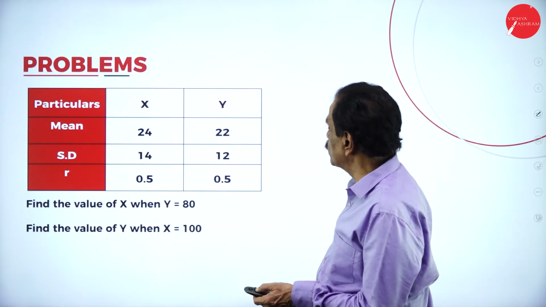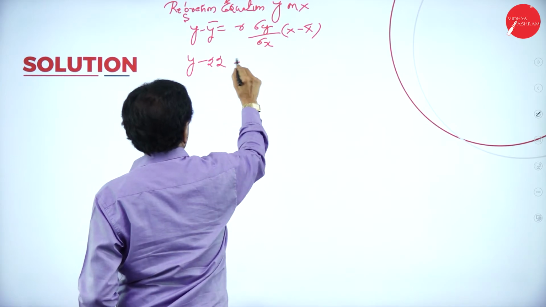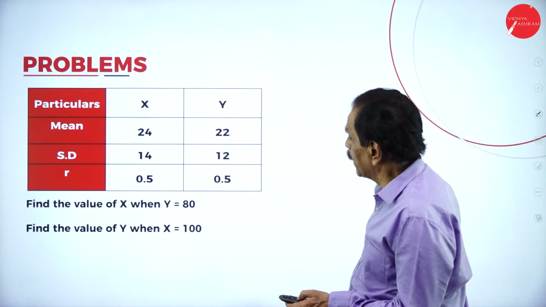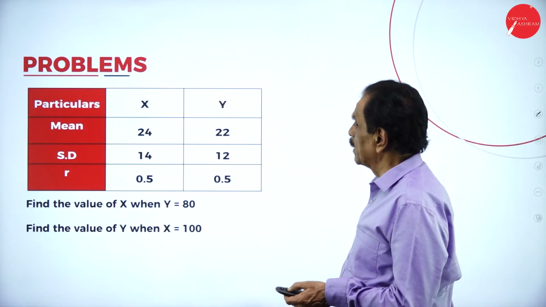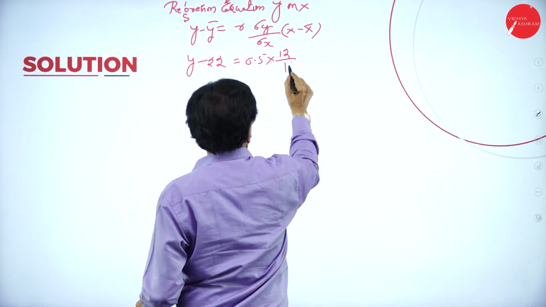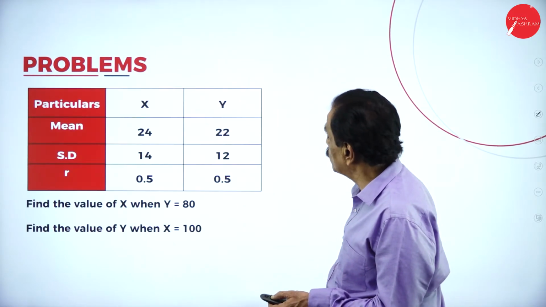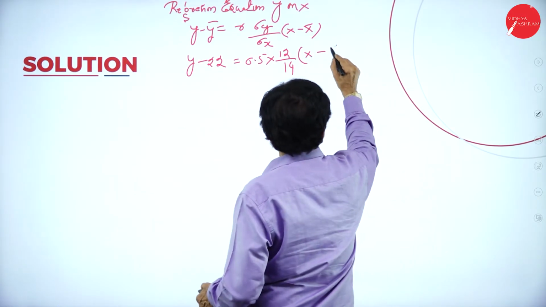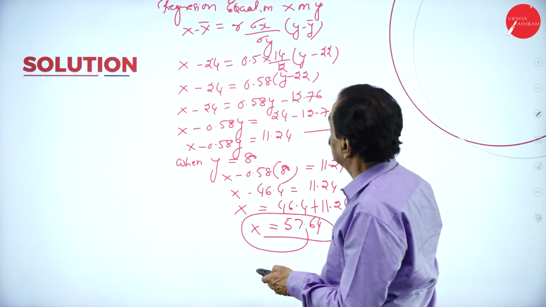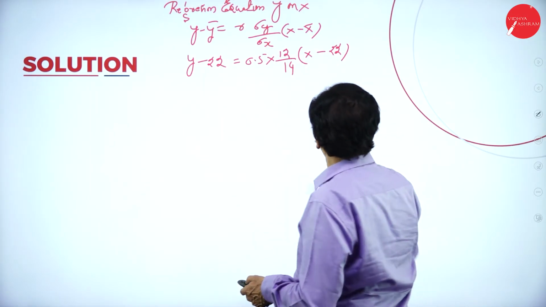Y minus y mean is 22, 0.5 into standard deviation y 12 divided by 14, x minus x mean, which is 24.